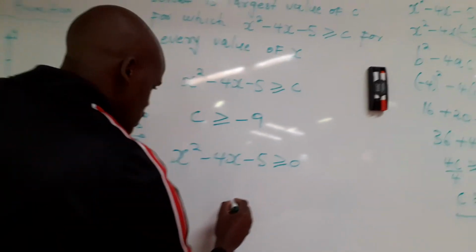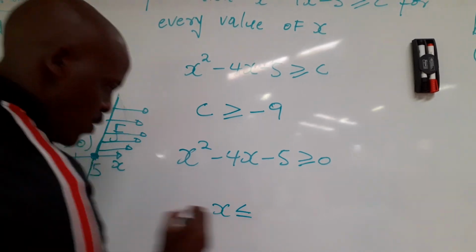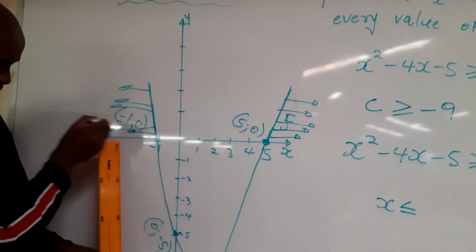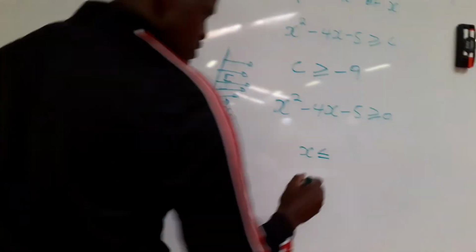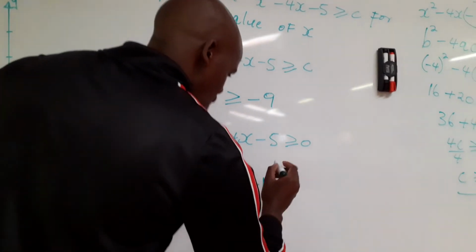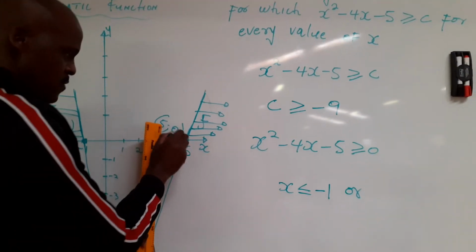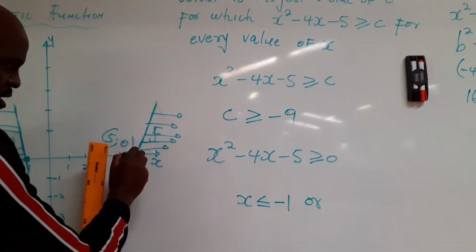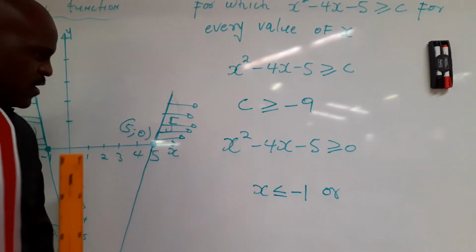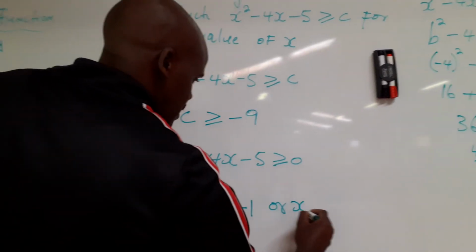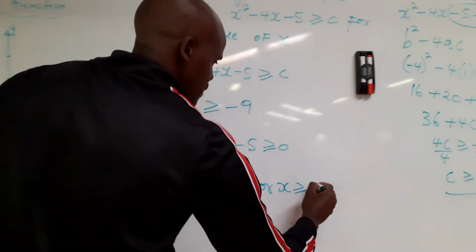Therefore, it's where x is less or equal to negative 1, when you go to that direction. Or where x, when you go to that direction, our y is positive, it's above that. So it's where x is greater or equal to 5.